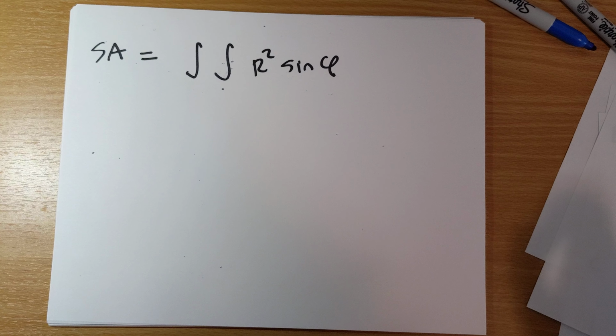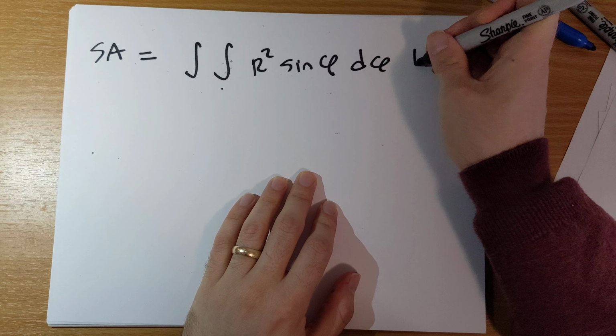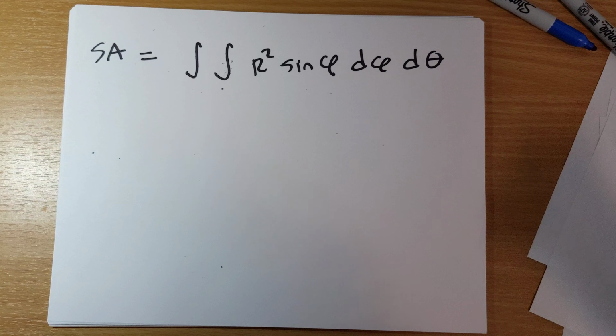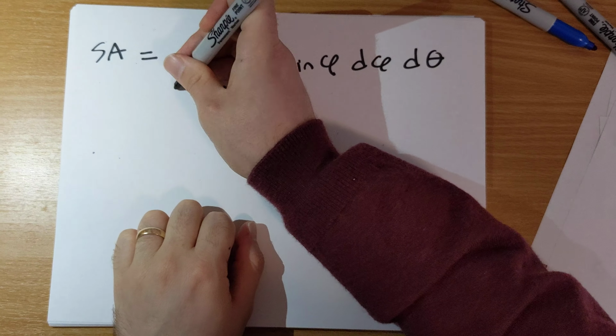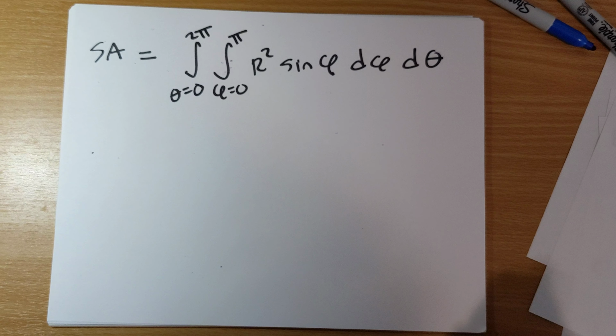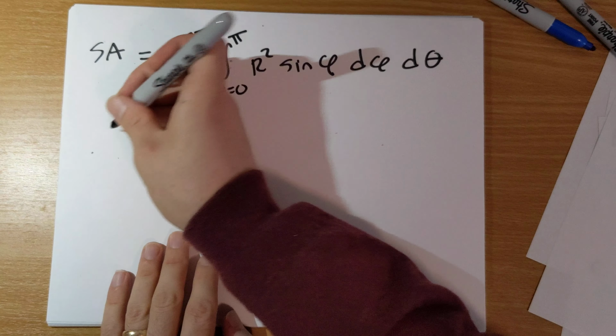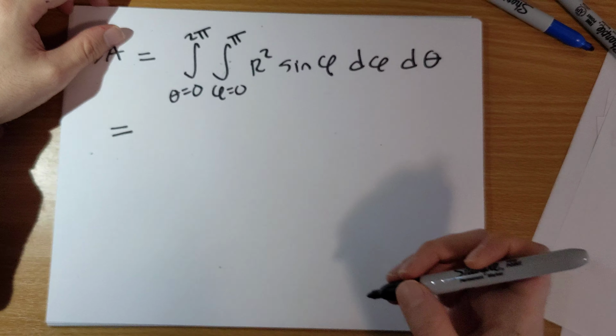One last thing we should be thinking about: what are the bounds here? Our standard bounds for spherical would be phi runs from 0 to pi, theta runs from 0 to 2 pi, and so these are the bounds. To finish this off, we just need to evaluate this integral.